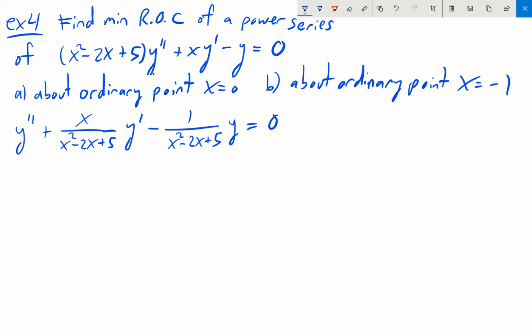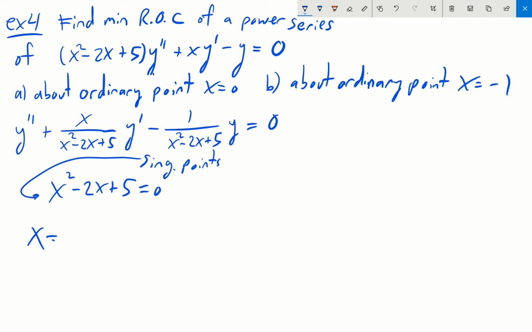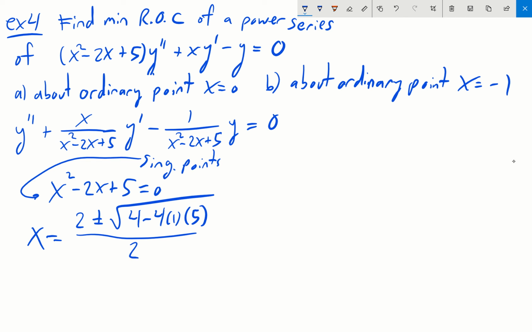Let's find the singular points for this differential equation. They're found by solving wherever the denominator is equal to 0. So solving this will give us our singular points. It won't factor, so we're going to need to use the quadratic formula. It's going to be the negative of negative 2, plus or minus the square root of negative 2 squared minus 4 times a times c, all divided by 2 times a.